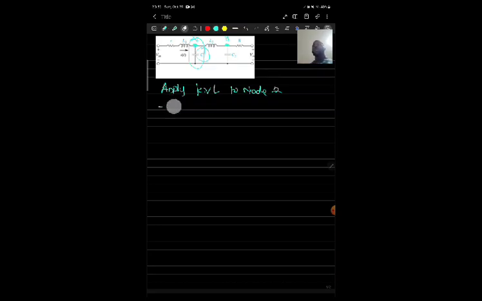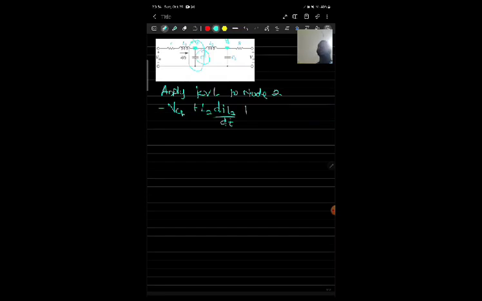So we are saying minus VC1 plus L2 differentiated into dIL2 all over dt, the differential of time, plus the voltage across capacitor 2 equal to 0.